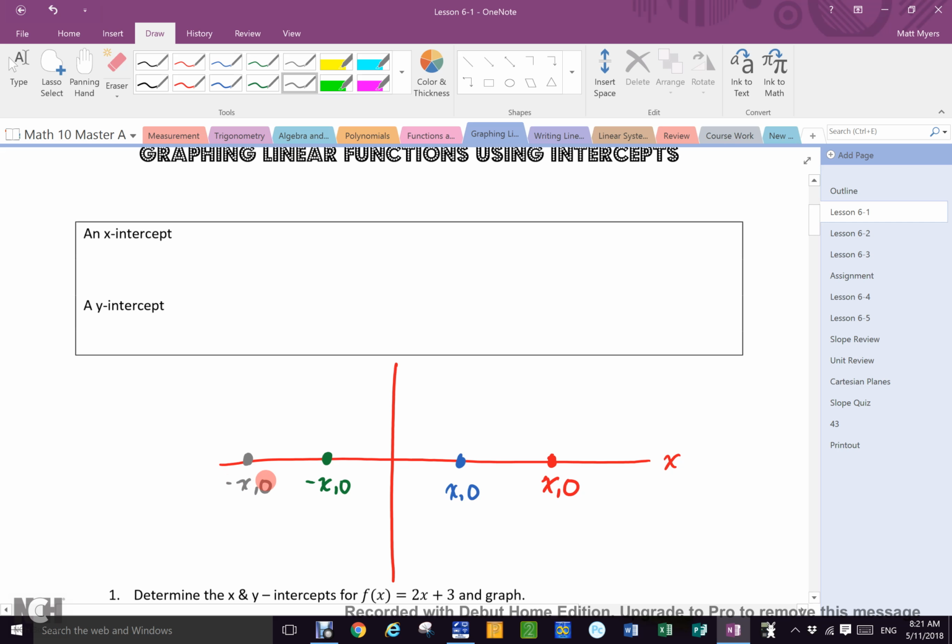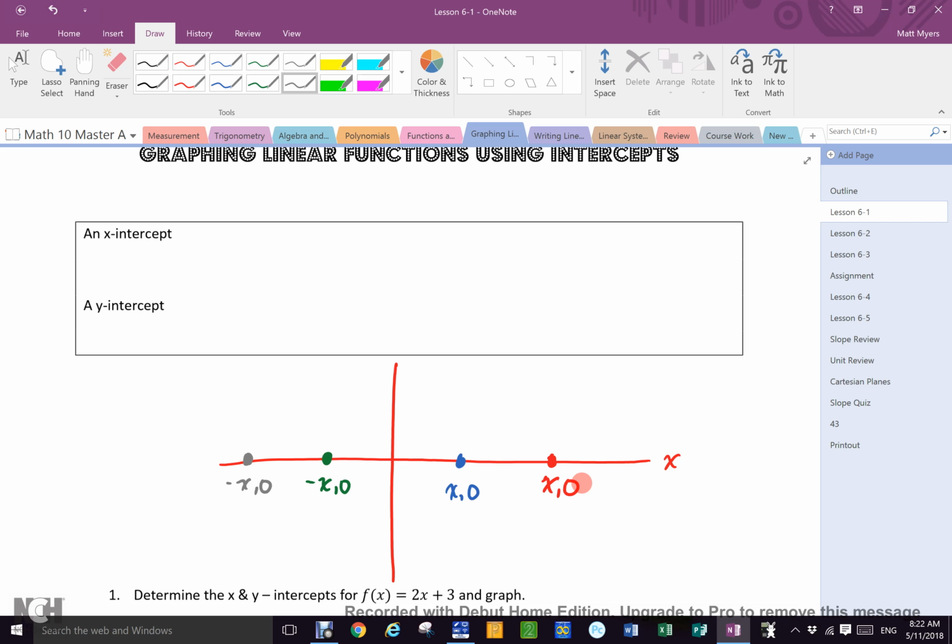If it happens once in math, how often does it happen? Infinitely. So, if you have a point anywhere on the x-axis, what is its value automatically? X comma 0. Every one of those, right?